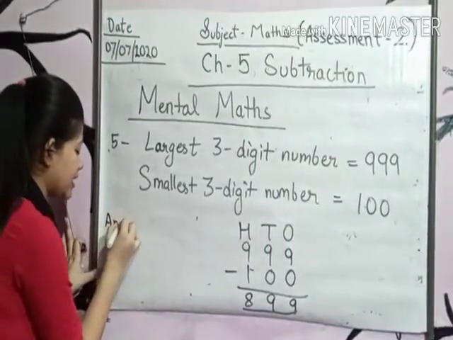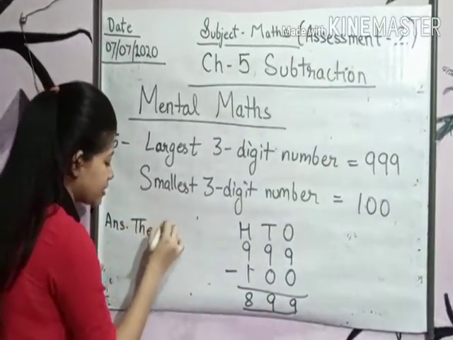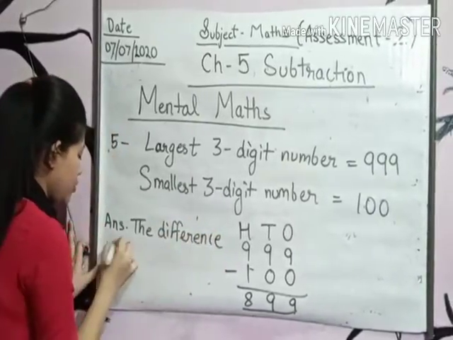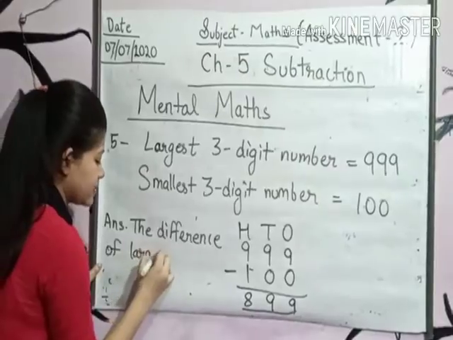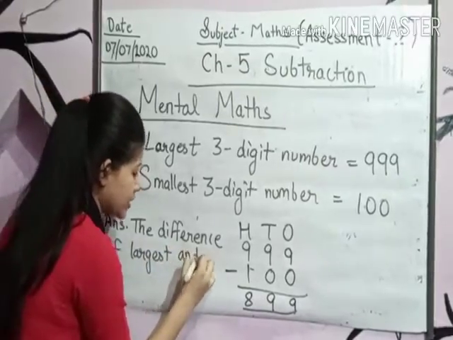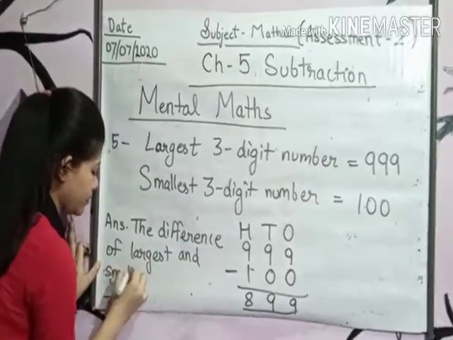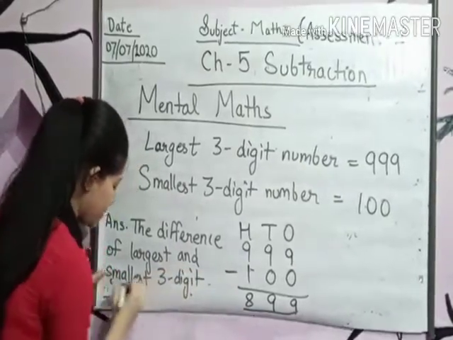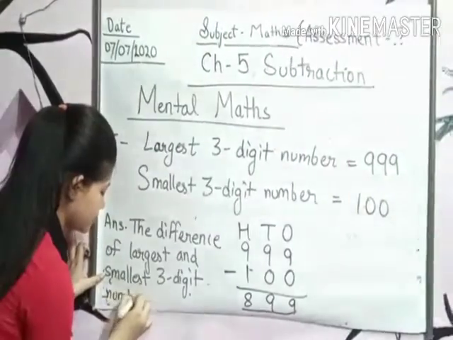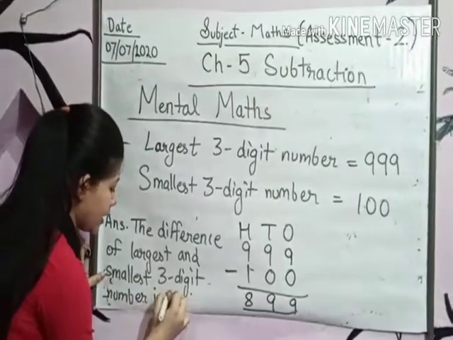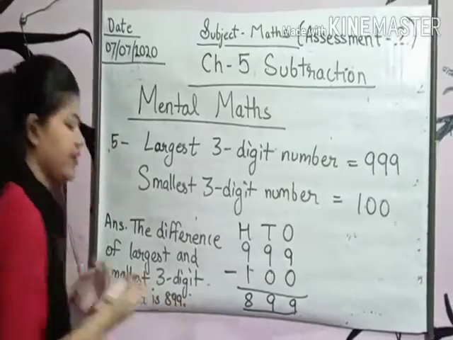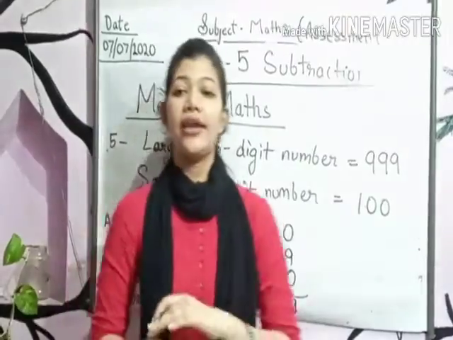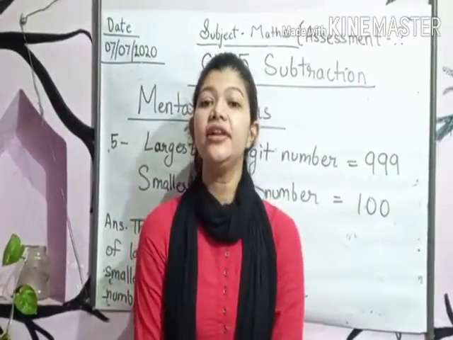You can write the answer as: the difference of the largest and smallest 3-digit number is 899. Clear? I hope this much is clear to you all. And now we have completed this mental maths.